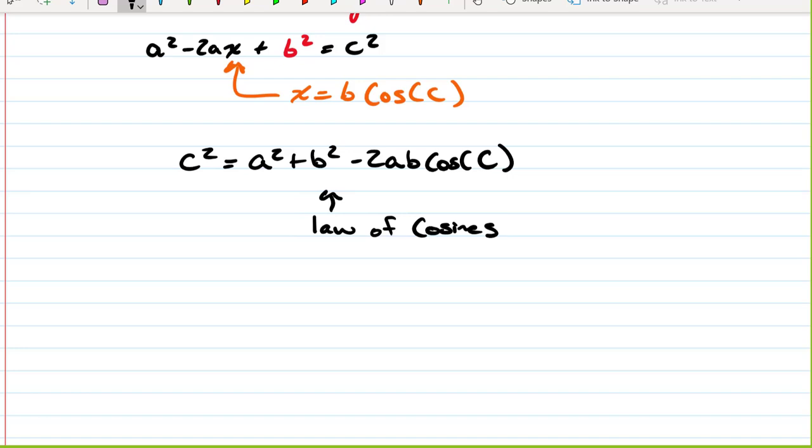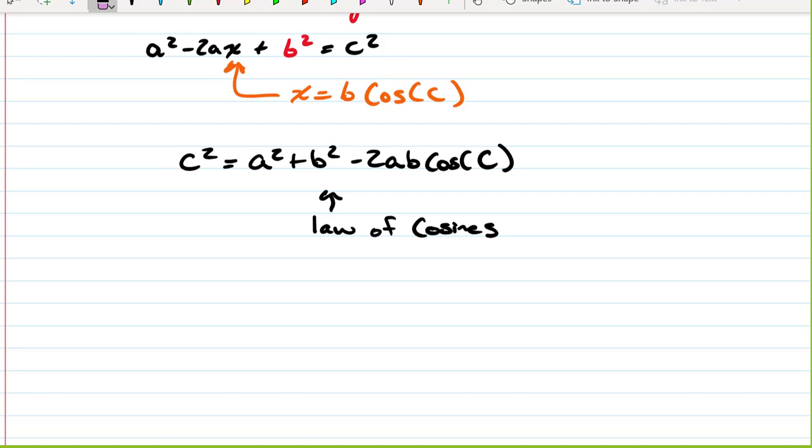So we'll notice in this incarnation, the law of cosines looks an awful lot like the Pythagorean theorem. In fact, if we get rid of the minus 2ab cosine C, it gives us exactly the Pythagorean theorem.